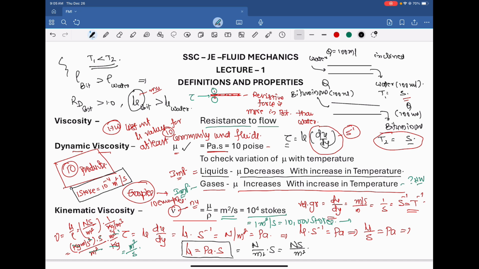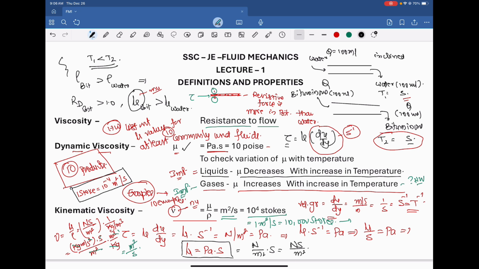And now, the most important thing is your homework. Please do your homework and comment and give me the list of the 10 normally used liquids for which you have noted down from standard books the dynamic viscosity and kinematic viscosity in SI units, in poise, and also in Stokes.